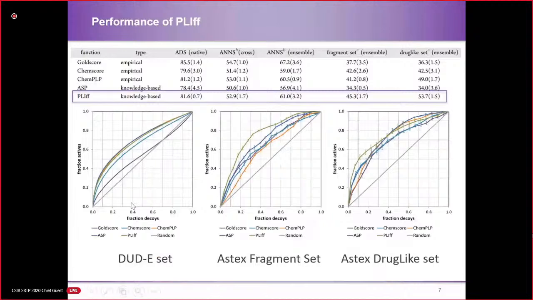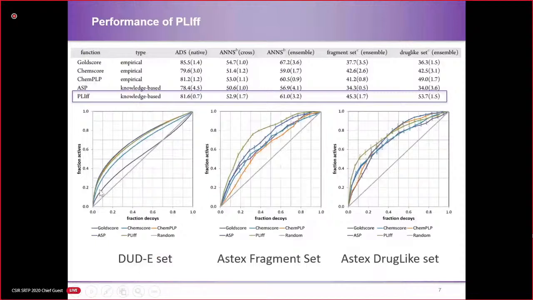And then you can create such a plot which will tell you whether your scoring function is as good as random, which will be like this line. But if it is above the random, it means that your scoring function is ranking correct complexes at high rank. The complexes that occur in nature or which bind at high energy actually are ranked higher with higher score.